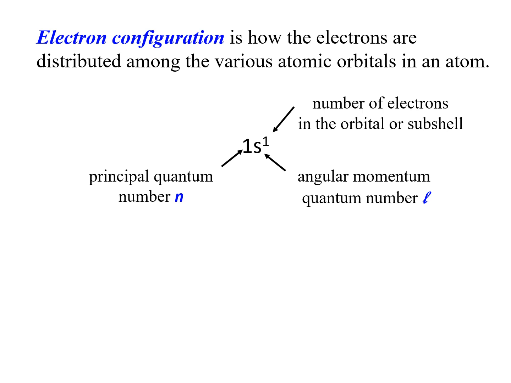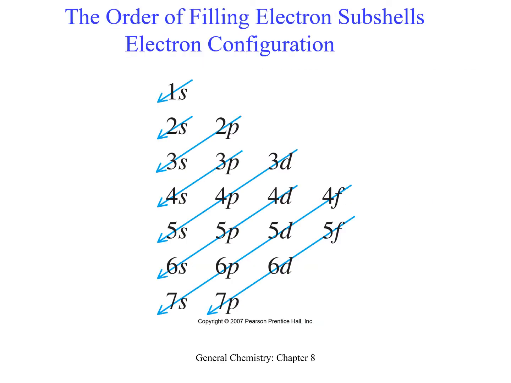The 1 superscript is the number of electrons in the orbital or subshell. And so the orbital diagram for hydrogen looks like this. This is the orbital diagram, and this would be the electron configuration.